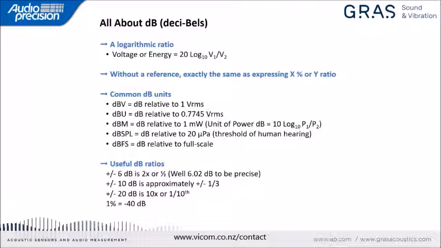Now, we started by describing the linear representation of these units, but something that is used all the time in audio measurements is to talk about things in dB, or decibels. A decibel is a logarithmic unit, and it's exactly the same as saying percent or ratio. Very simply, if somebody said this is 100%, they could also say this is 6 decibels.